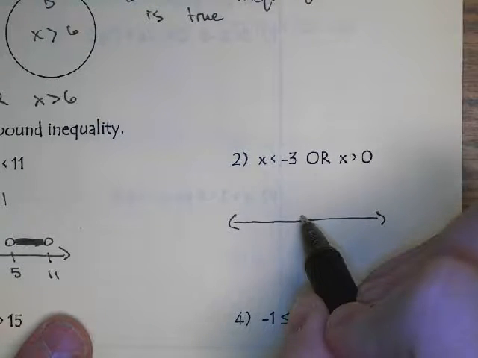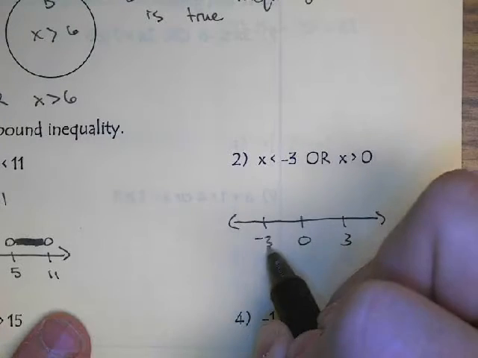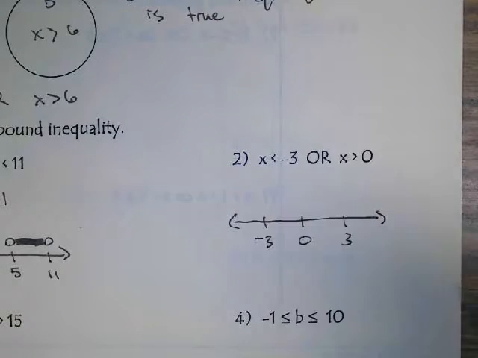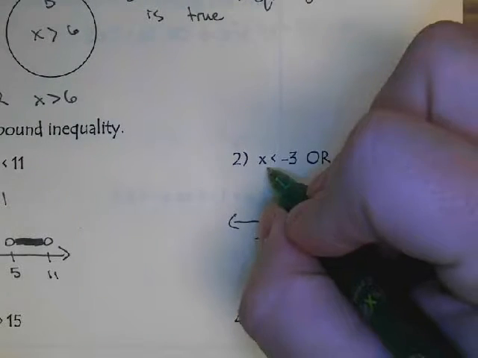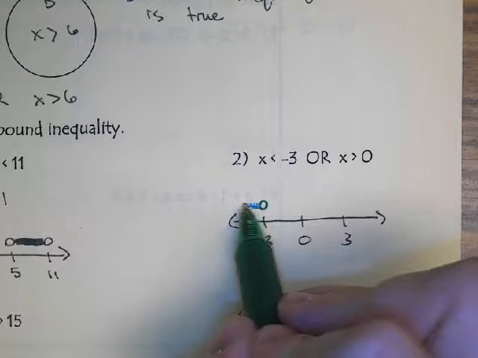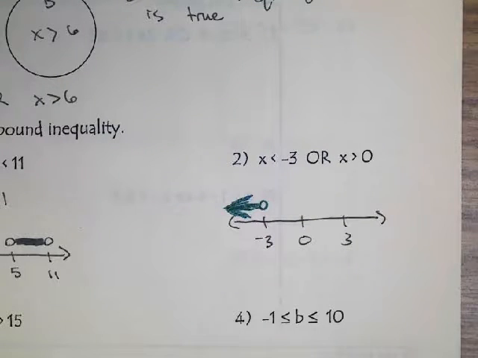So I can have 0, 3, -3. I don't have my line underneath, so I'll use open dots. I'll do this one in green. We want to be less than -3, so we'll shade this way, including our arrow, because it goes on forever.